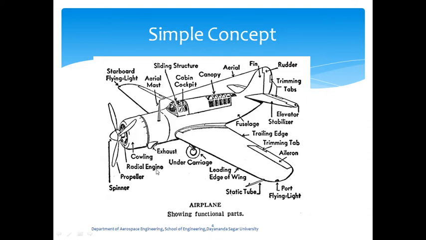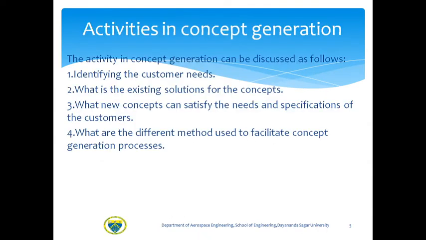As the name says, it's a kind of IC engine, radial engine, and this is the cowling, exhaust. So all these things are mentioned in this concept. Even though it's not really three-dimensional, or we are not really seeing the dimensions, it gives you the complete picture of the idea. So this is the simple concept.